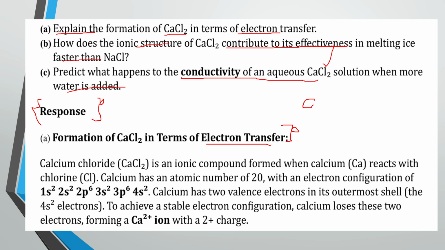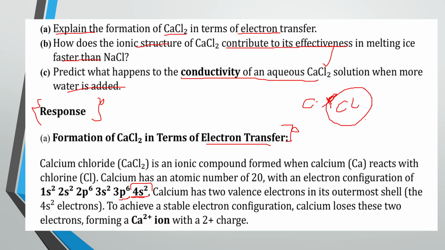If you look here, calcium is going to have 4s2. It's going to have 2 electrons on its outermost energy level. So to form a stable octet, it needs to lose these 2 electrons, and it's going to donate them to chlorine atoms. Remember that a chlorine atom has 7 electrons on its outermost energy level. So after getting 1 electron from calcium it is going to be full.